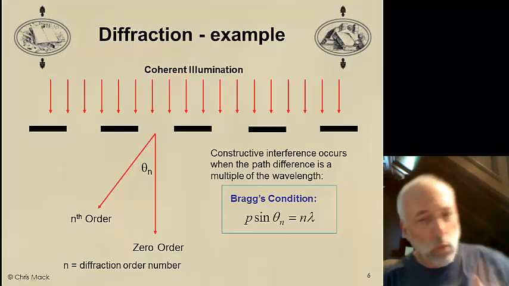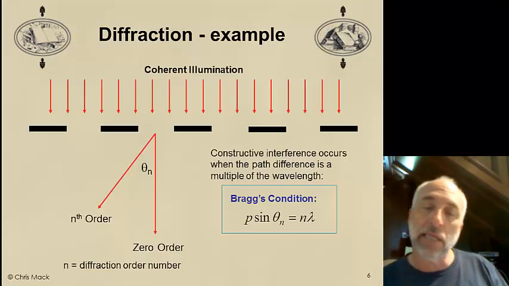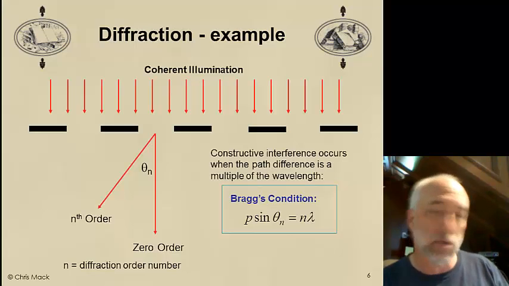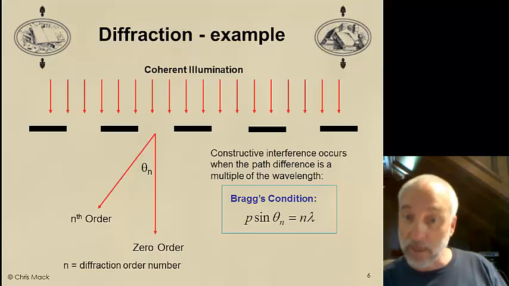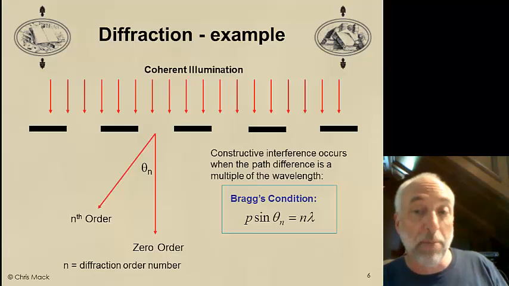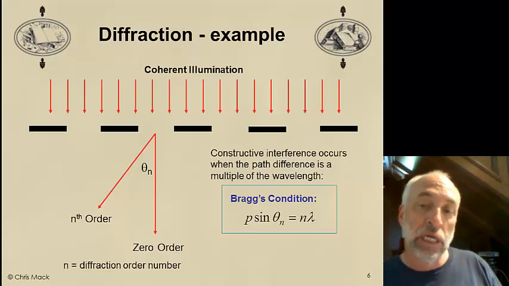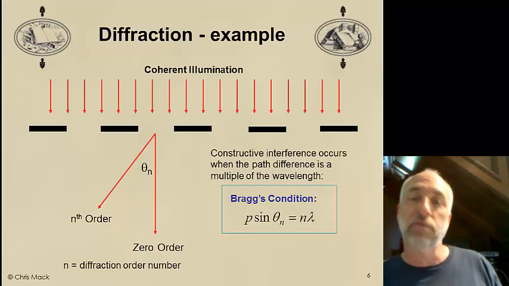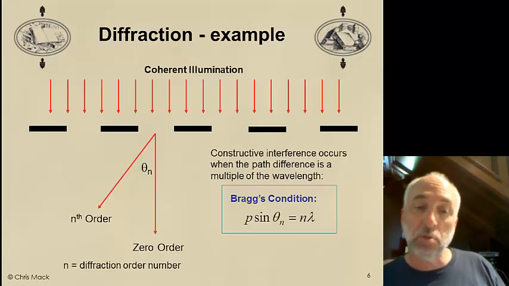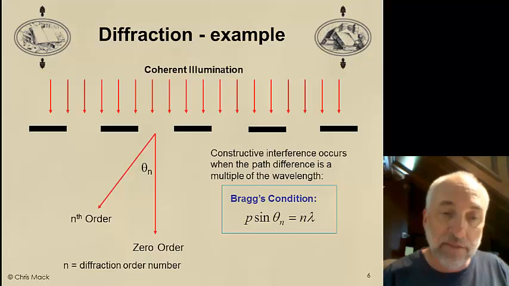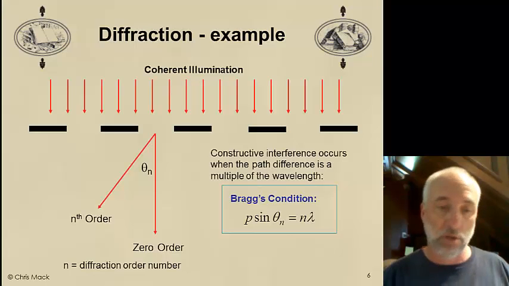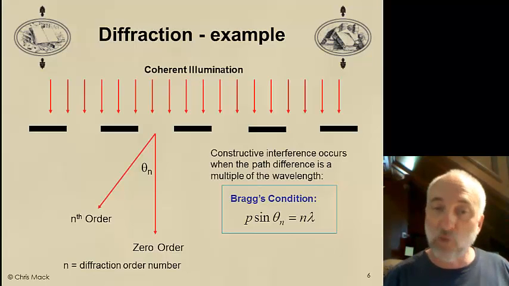There's not just one angle that will allow constructive interference. There's lots of angles. All the angles such that P times the sine of the angle is a multiple of the wavelength. We'll let that multiple be n, and we'll call it the nth diffraction order. So n is the diffraction order number.